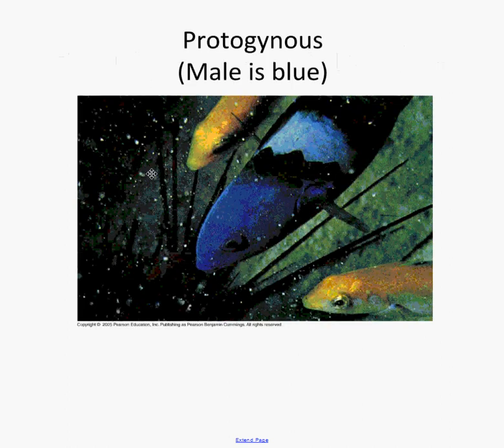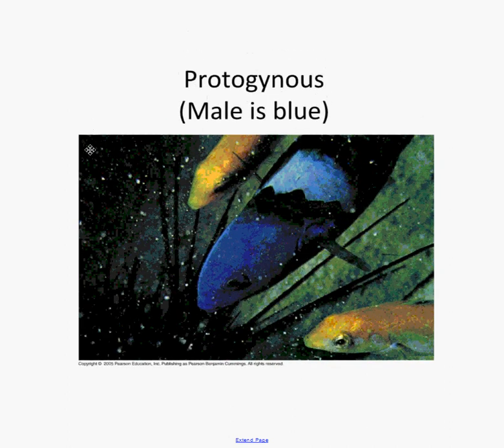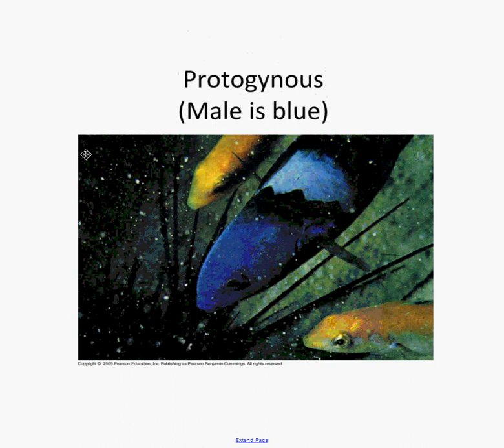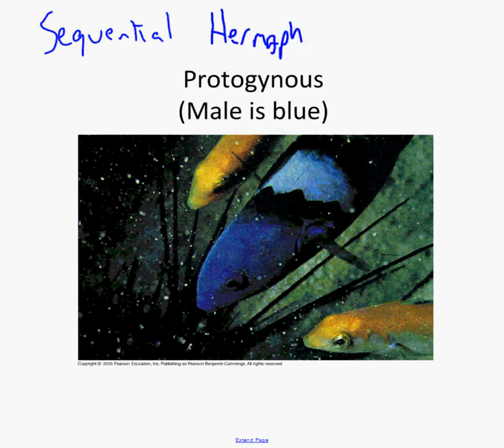In other organisms, there is something called sequential hermaphrodites. Sequential hermaphrodites become the other sex at some point in their life. This example here of fish is protogynous.